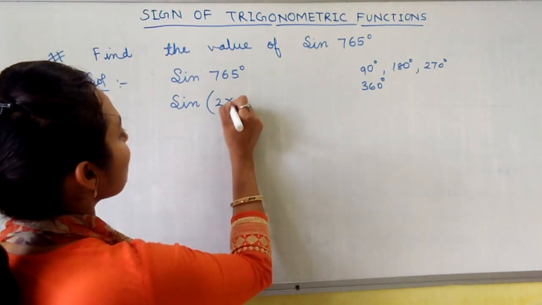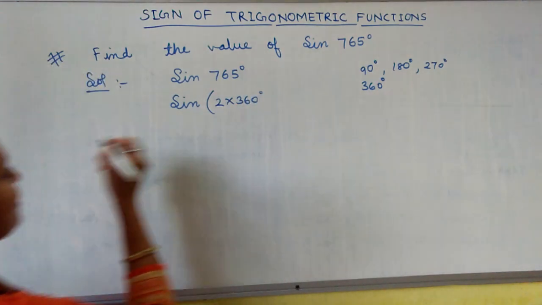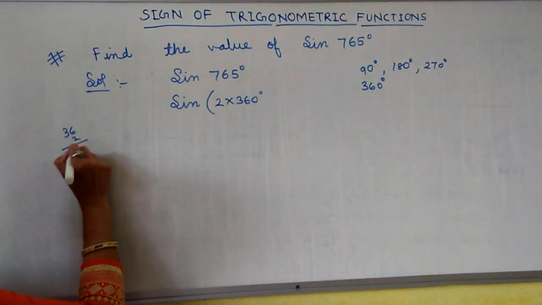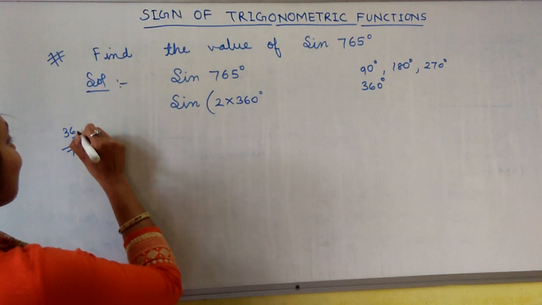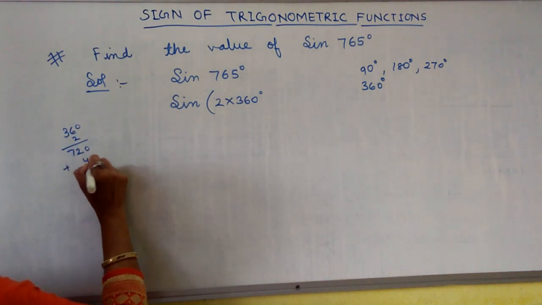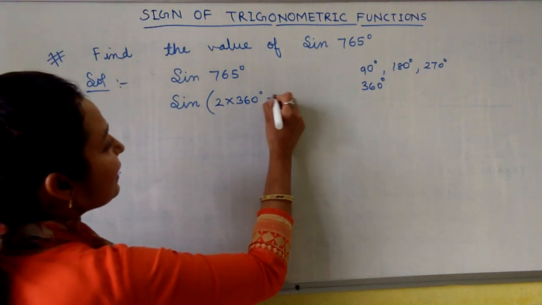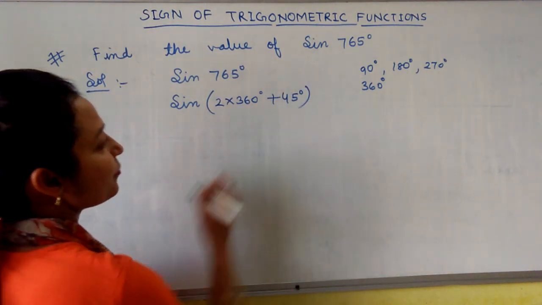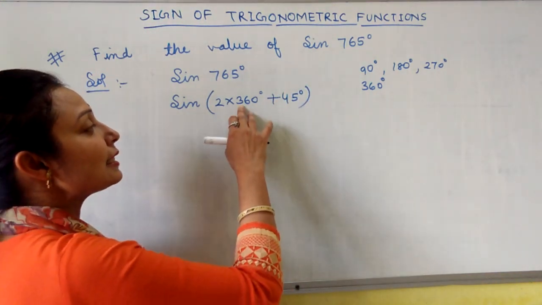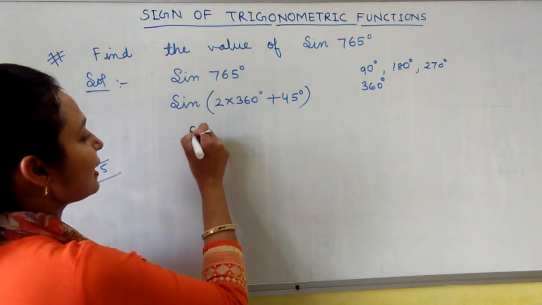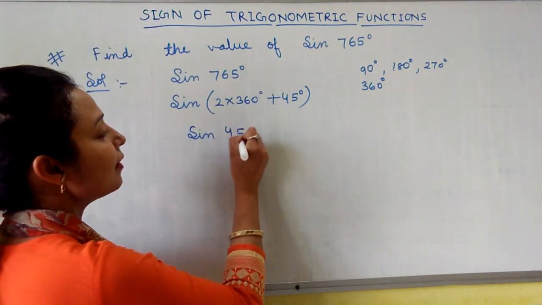How? 2 into 360 is 720, and 720 plus 45 equals 765. So I will write it as 45 degree. It behaves like 360 plus theta, that is sine theta.